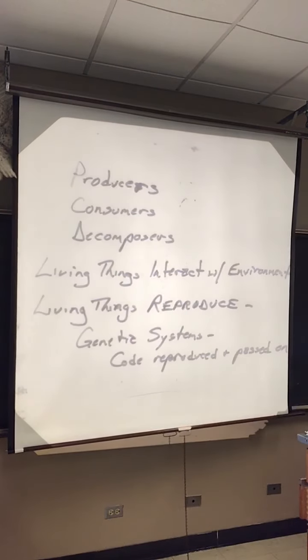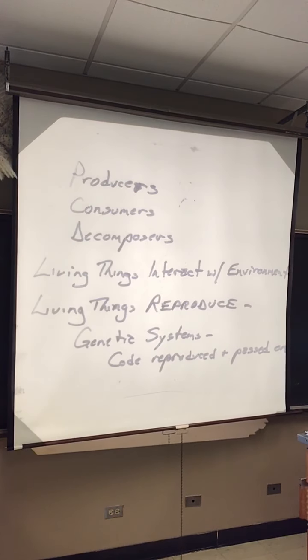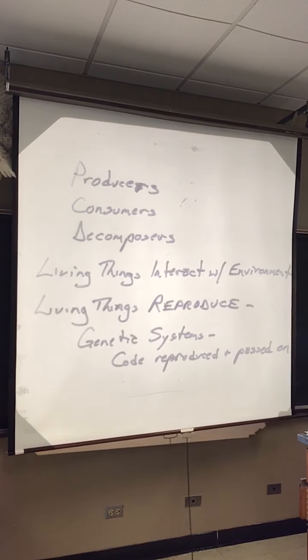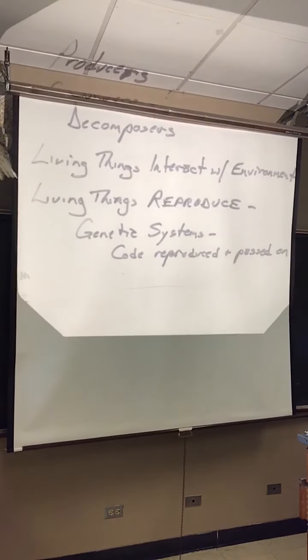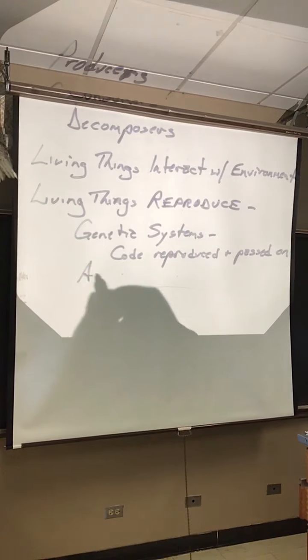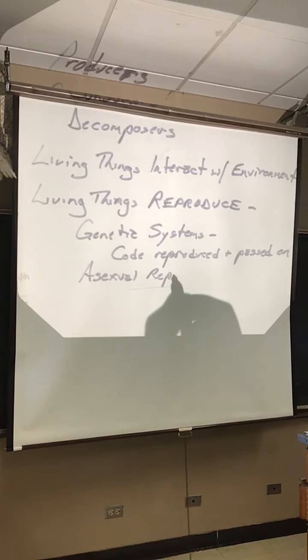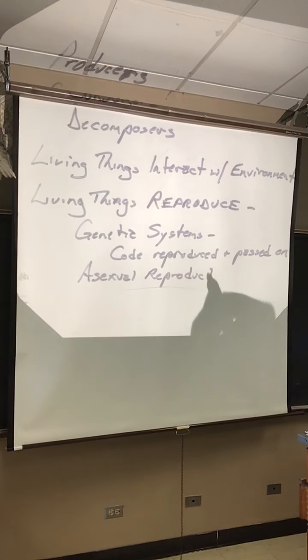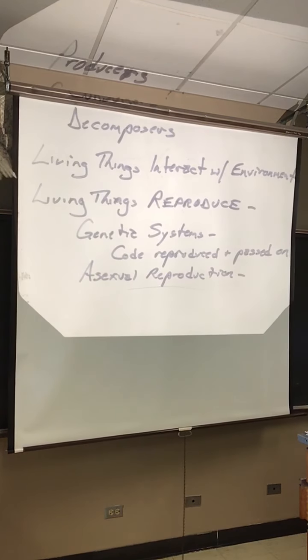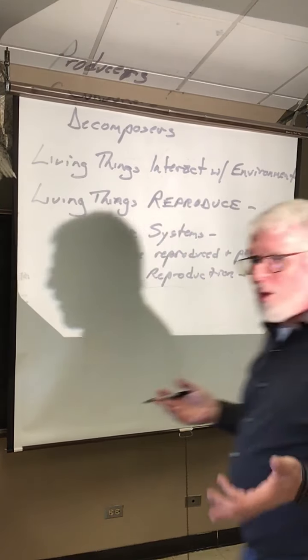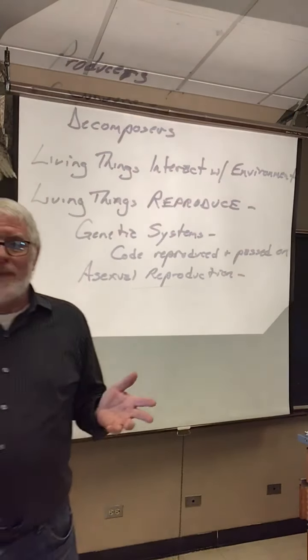There are 2 different ways to do this, and they're both called reproduction, but they shouldn't be. We'll start with the one that actually reproduces. Now we're stuck with the term. This will happen in biology.